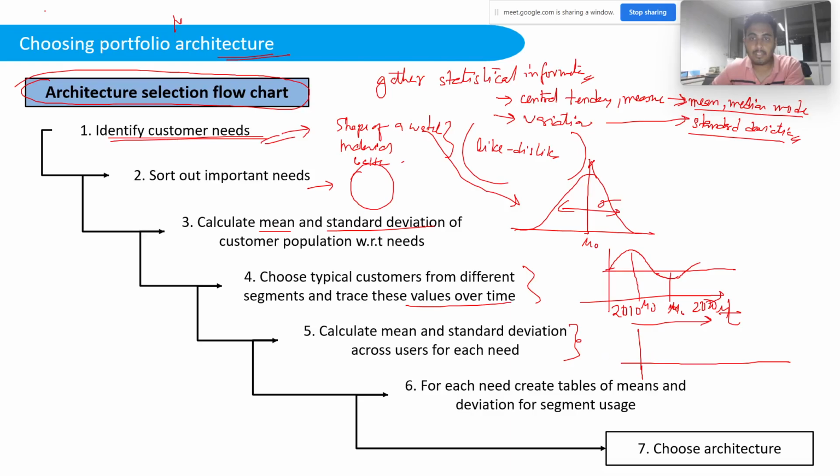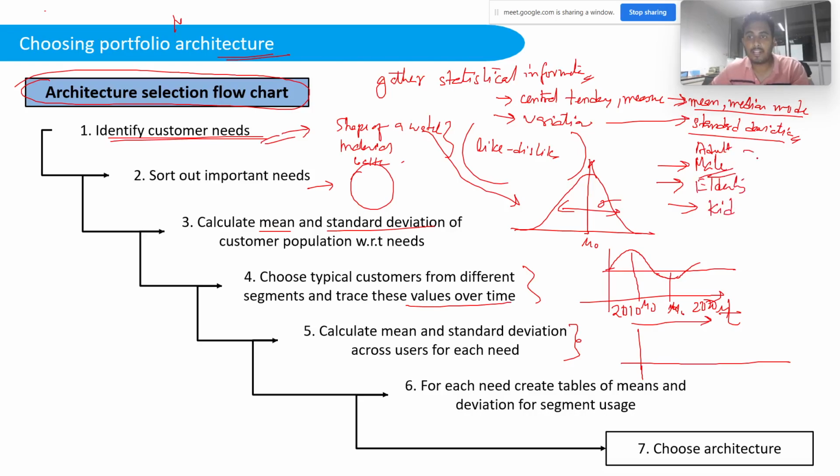So for example, for this particular watch, you can have three different customer groups. Probably you are trying to design something for an adult male. You can consider someone like an elderly person. You can consider someone like a kid.